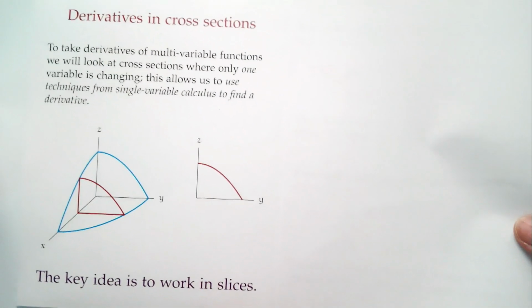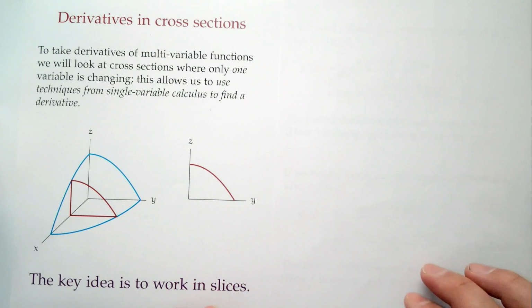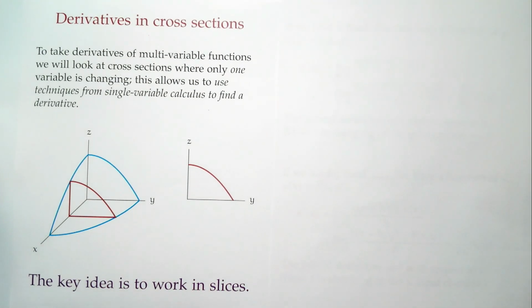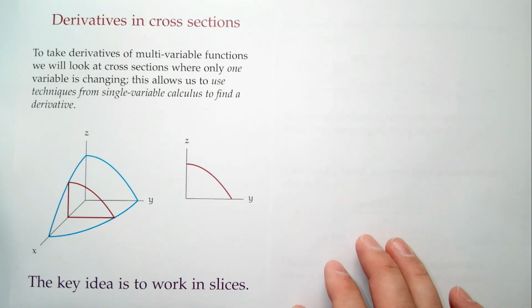Last time we ran into a problem in that when we tried to think of the function as everything changing at the same time, we weren't able to come up with a nice derivative. But here's an idea: let's not have everything changing at the same time. So let's do something a little different.